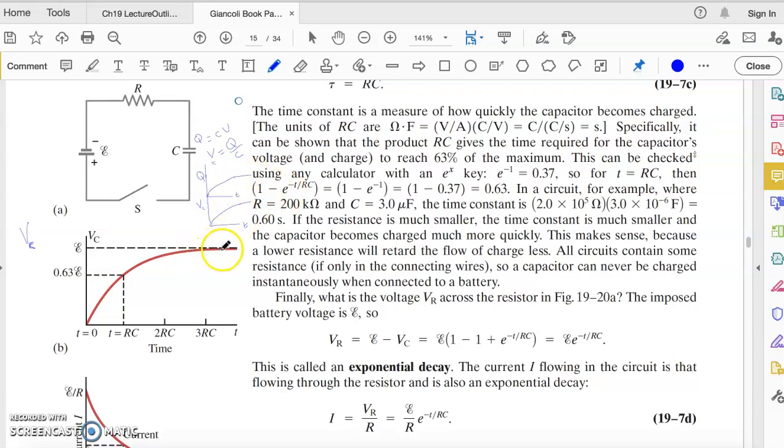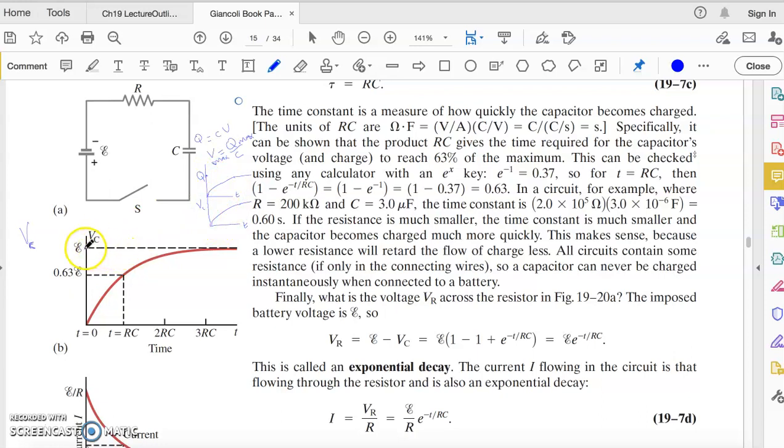And that's what we call the maximum charge that the capacitor will reach, where at the maximum charge, we reach the maximum voltage across the capacitor. All right, so the book chose to sketch the graph of the voltage across the capacitor, but I'm telling you they have the same kind of graph.